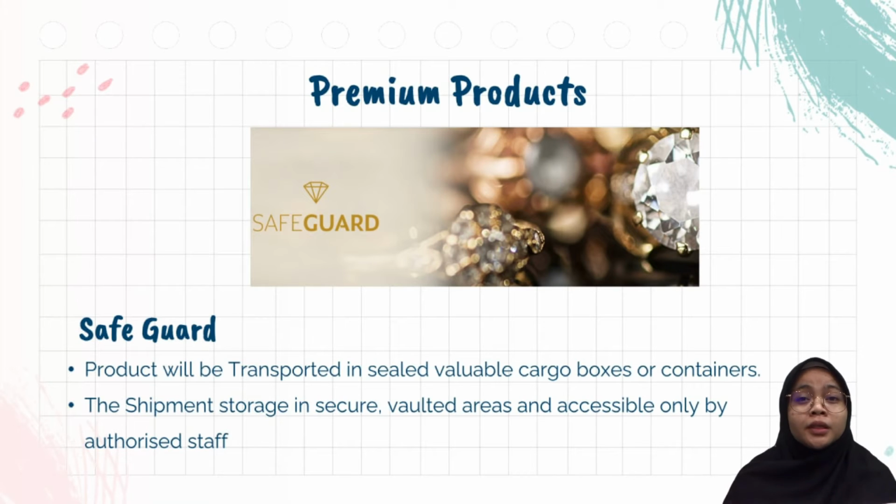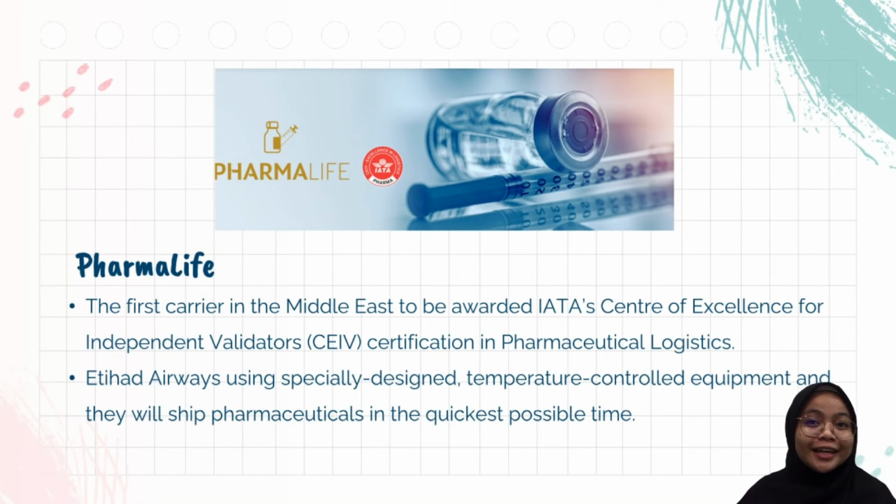So, the product will be received by customers in good condition. Not only that, Etihad Airways also transports pharmaceutical products under Pharma Life, listed in premium products. They take the transportation of pharmaceuticals very seriously.